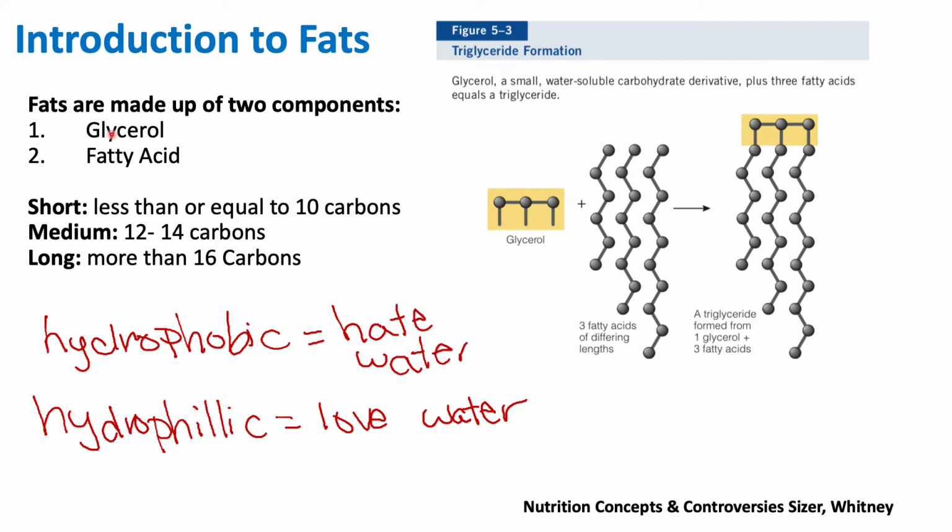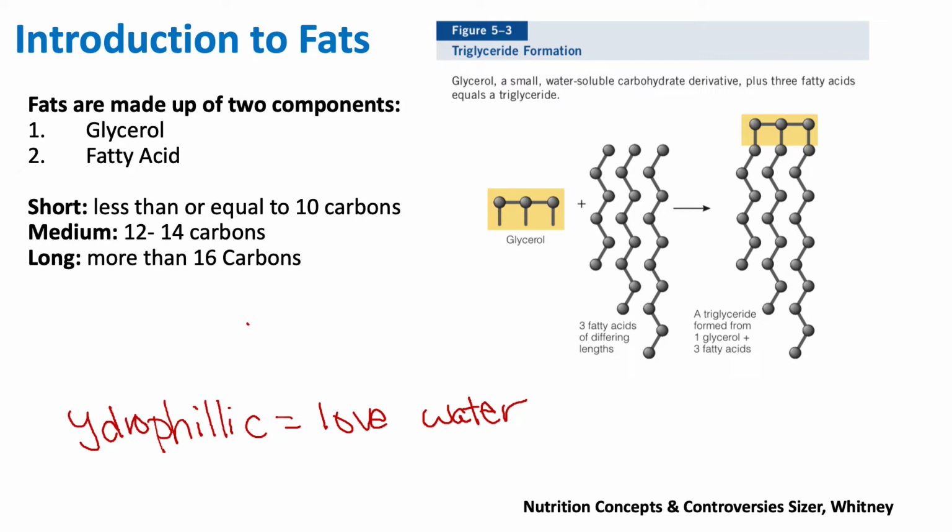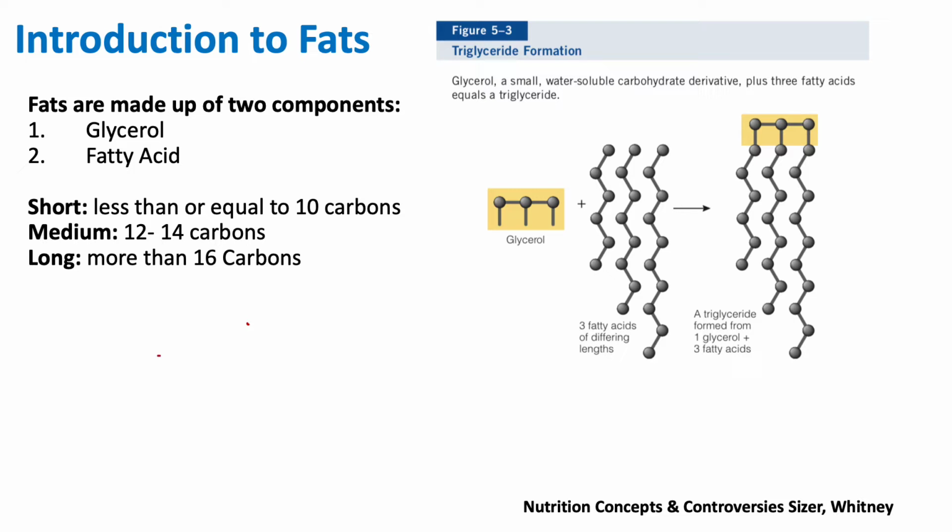So fats are made up of two components. The first component is glycerol, and the second component is a fatty acid. So the fatty acid is essentially a long hydrocarbon chain. And the glycerol is a 3-carbon molecule.